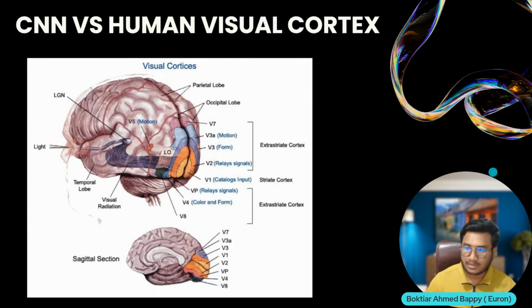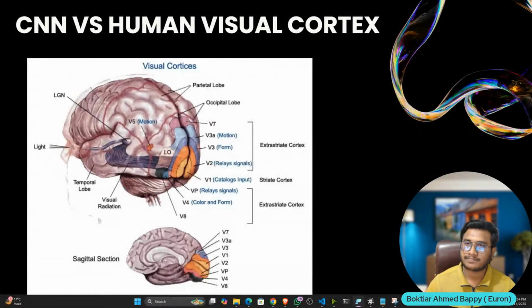Let me take my pen and a different color. Here you can see the visual cortex. This is the complete human brain, and this particular part is called the visual cortex area.